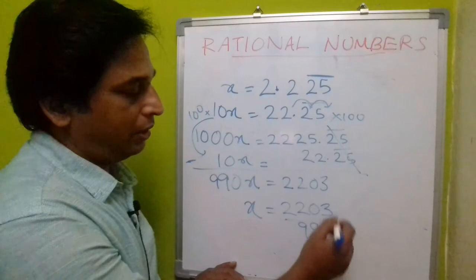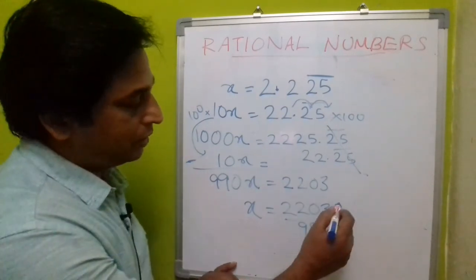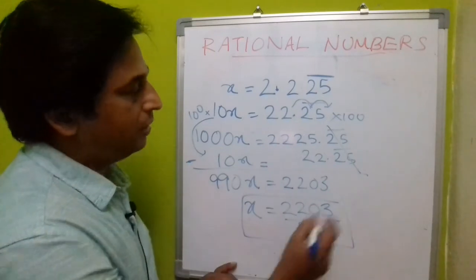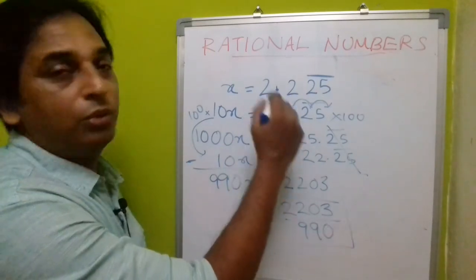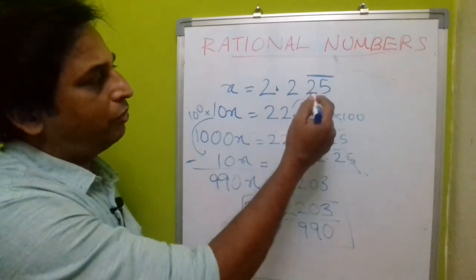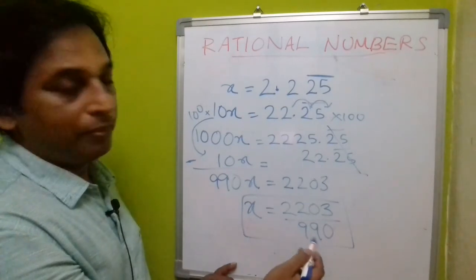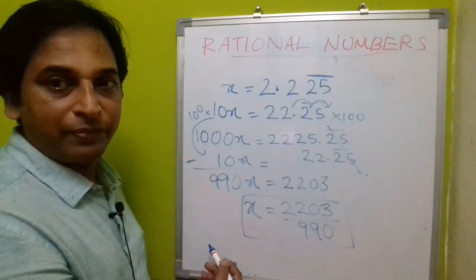I don't think there are any common factors between them, so this is the final answer. That means 2.2525 repeating can be written in the form of 2203 by 990.